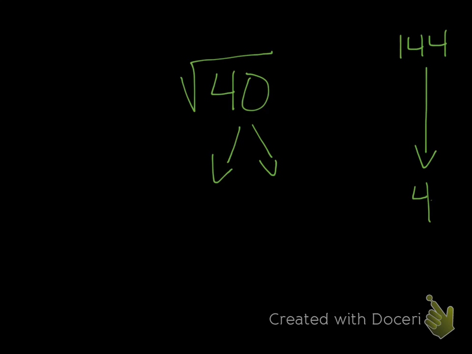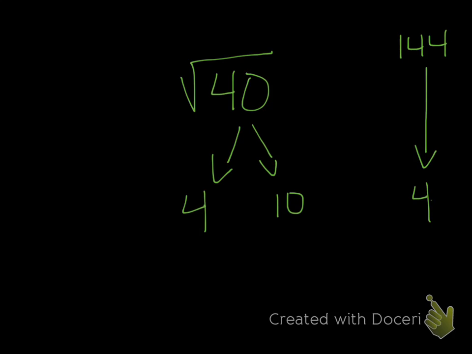So of all the factors from 144, being 12 squared, all the way down to 4, which is 2 squared, which is a common factor of 40? Well, this one's a no-brainer, 4. Because, well, think about it for a minute. If it was 4, this would be 10, right?